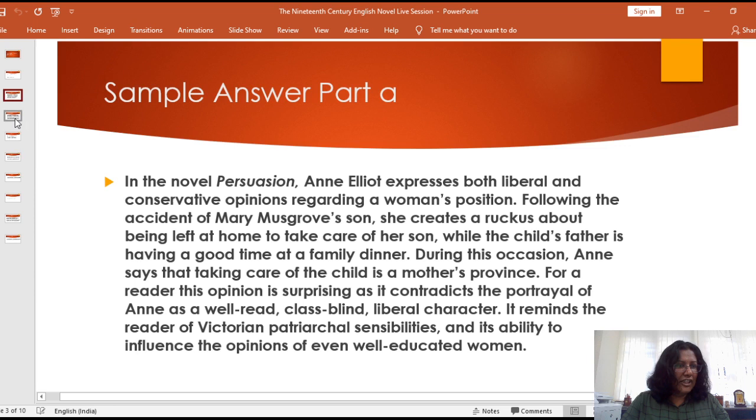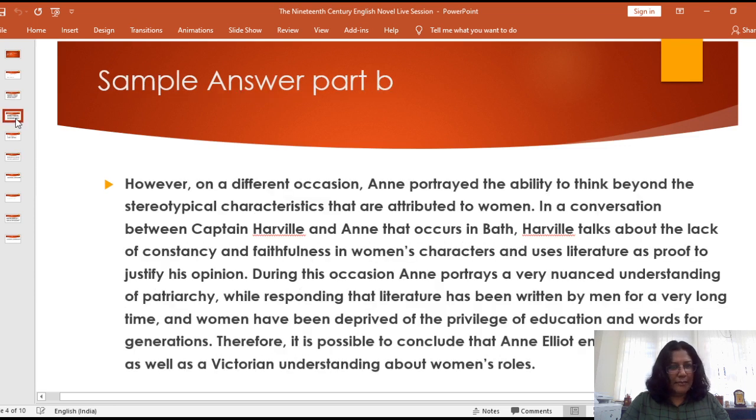And if you go back to the next paragraph, there's a further example being offered by the student to respond to the liberal side in Anne, which is discussed by her in her conversation with Captain Harville.